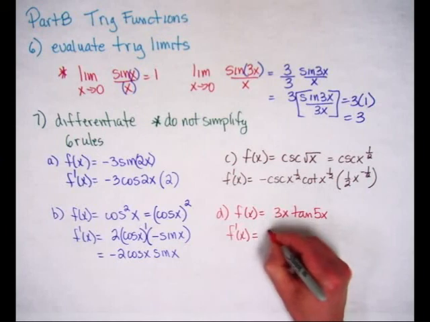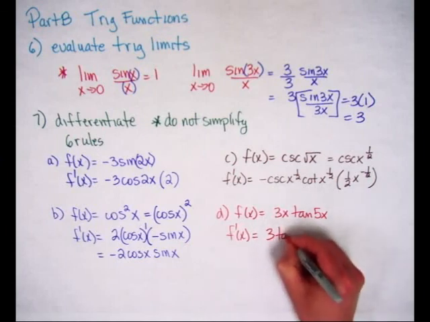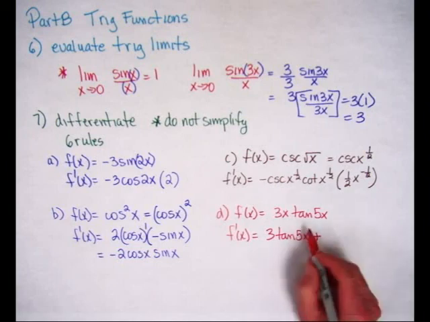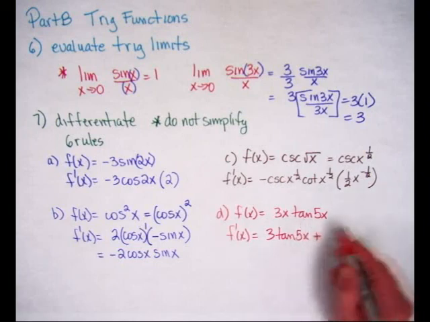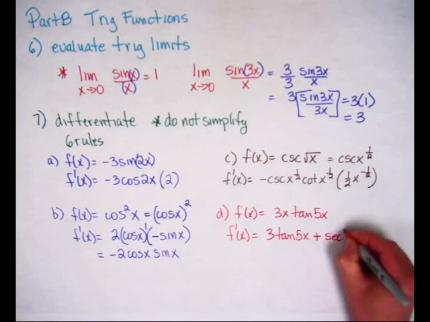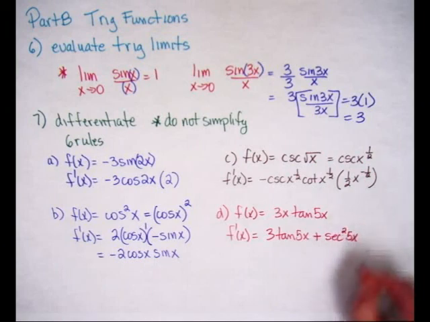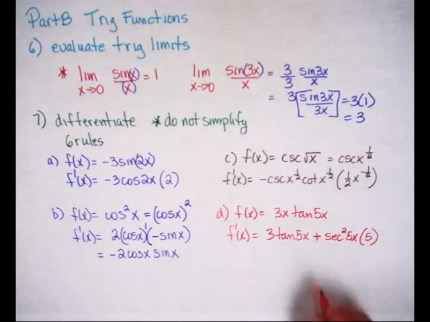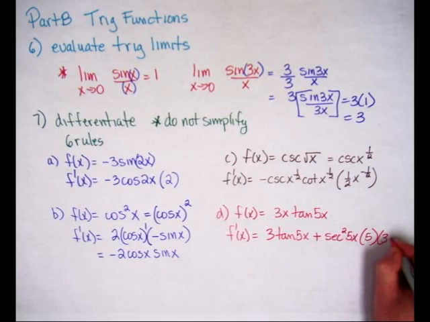So the derivative of 3x would be 3 times tan 5x plus, now the derivative of tan is secant squared. So this will be secant squared 5x times, we always take the derivative of the argument, which would be 5, and of course times 3x because of the product rule.